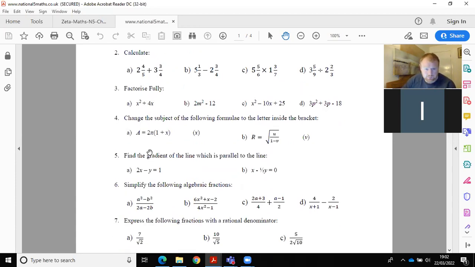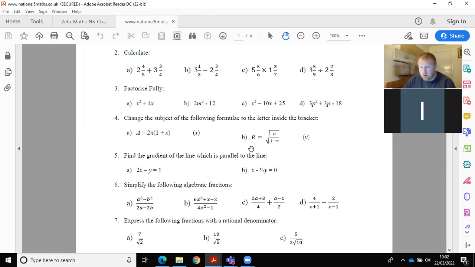Question 4. In this year's exam, you're only asked to do it rearranging, and it's if there's a root or a square in the question. So 4a would never come up. I mean, it's not a bad thing being able to rearrange that. You need to rearrange things like that anyway, so you might as well do it.